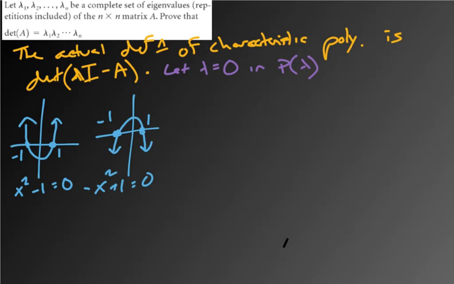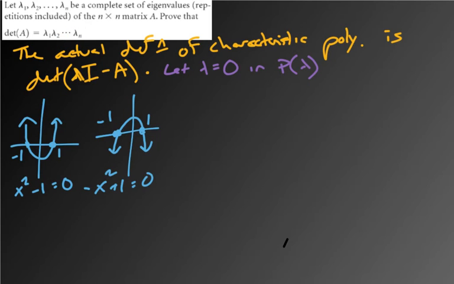It's just a polynomial, so that's fine, and it simplifies things. I'm not saying lambda equals 0 is an eigenvalue; those are denoted by lambda 1, lambda 2, and so on. Those are separate things.